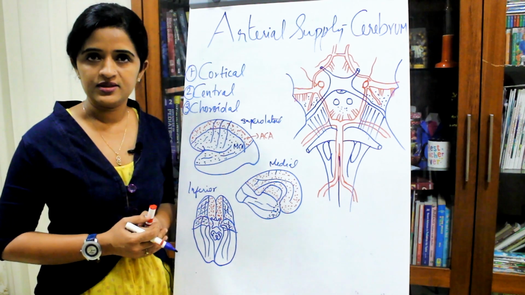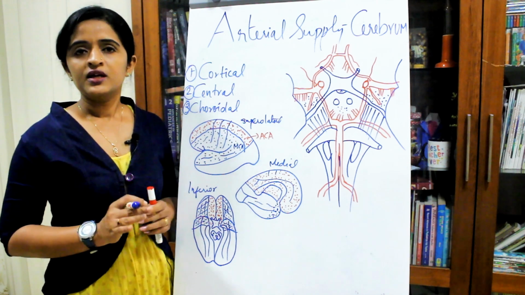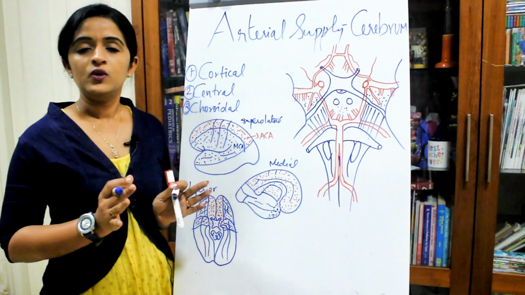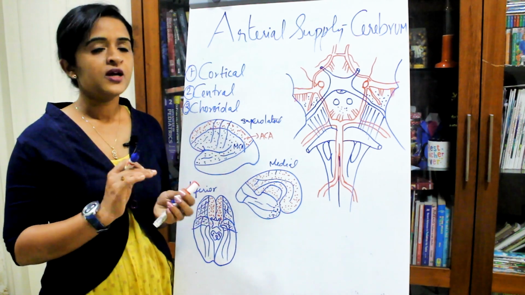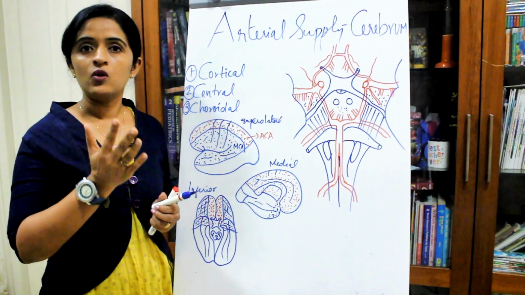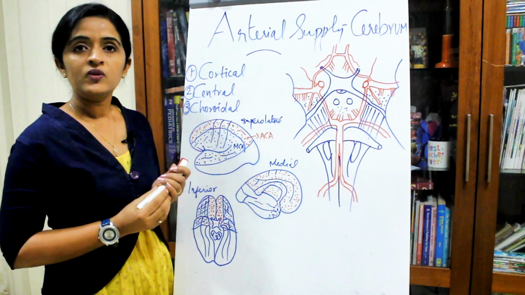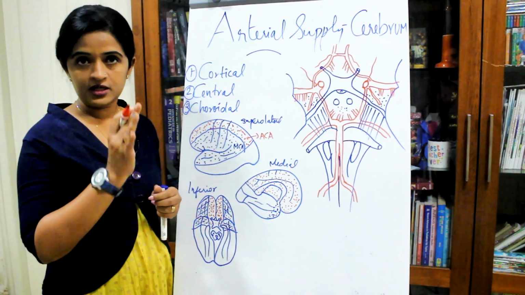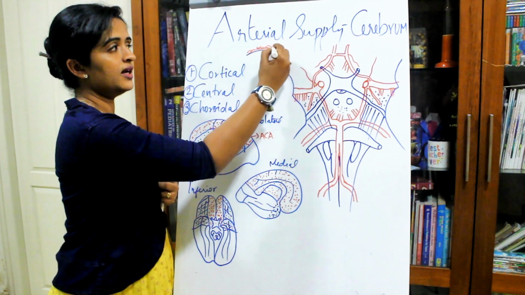So what do you mean by the cortical branches? The cortical branches means the vessels supplying the cerebrum will be forming a network over the pia mater. Imagine this is the pia mater. Over the pia mater, the vessels which are meant to supply the cerebrum will be forming an anastomotic network.